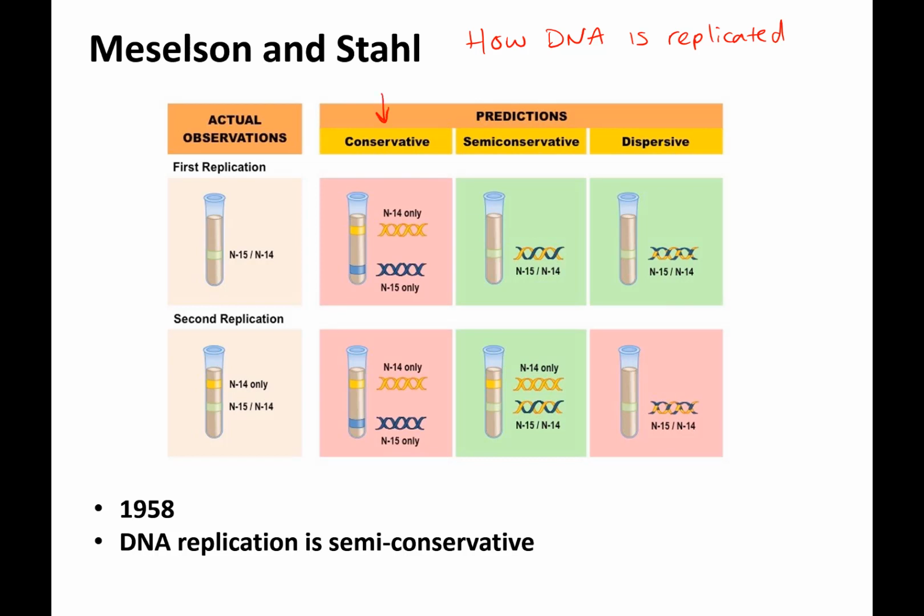It could be conservative, where old strand stays with old strand, and then you have a new one. Semi-conservative, where old is split. Or dispersive, where it's a random combination of old and new.